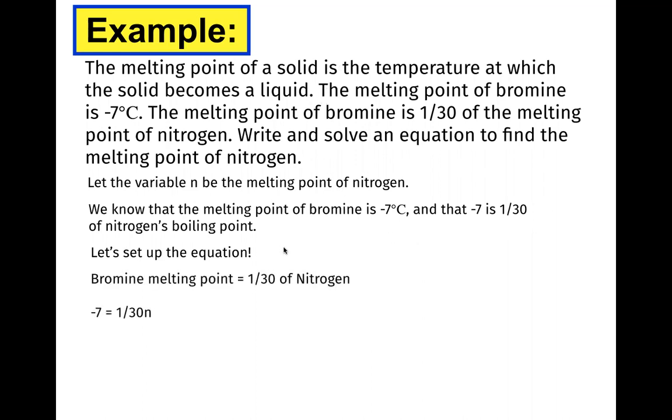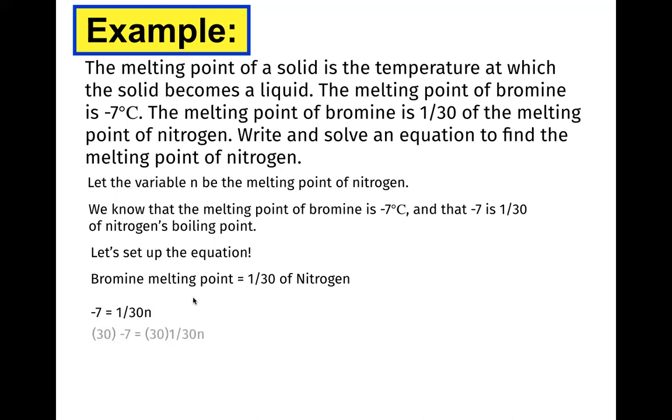So we have bromine's melting point will equal 1/30 of nitrogen. Once again, bromine's melting point is -7, and the melting point of nitrogen is represented by the variable n. We're given that bromine's melting point equals 1/30 of nitrogen's, so we would set -7 equal to 1/30 n. Now, similar to the previous problems, we have to multiply both sides by the reciprocal of our fraction.